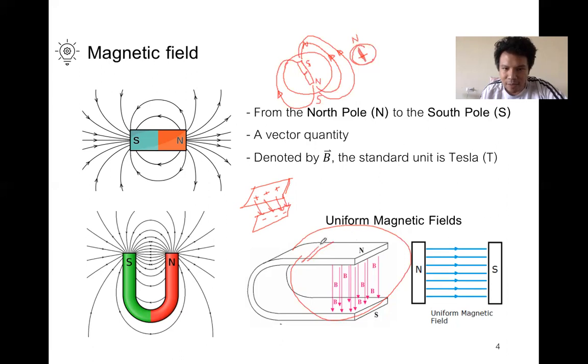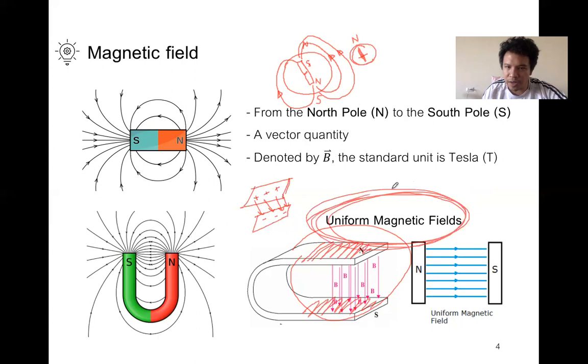But in this case, we have the North Pole and the South Pole aligned in a couple of plates, and it would also generate a constant or uniform magnetic field. In the first part, we are focusing on the phenomena that happen under the uniform magnetic field. We are considering the charge moving into a uniform magnetic field, and the current in a wire within a uniform magnetic field.